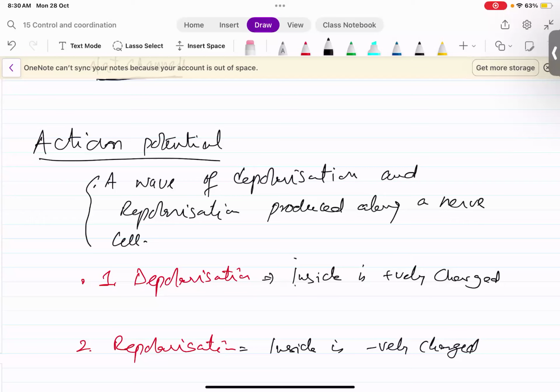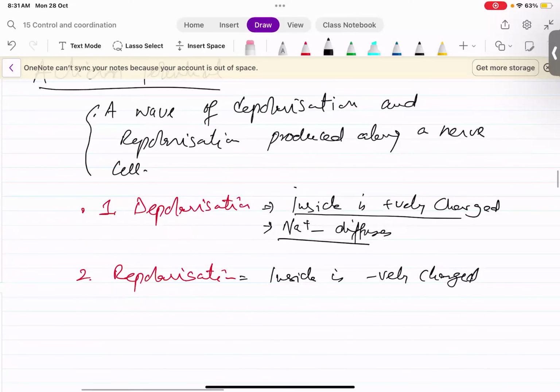Why is the inside positively charged? As sodium channels are open and sodium diffuses in, this brings the membrane to become depolarized, and potassium diffuses out. The influx of sodium ions makes the membrane depolarized, and the outflux of potassium ions makes it repolarized.